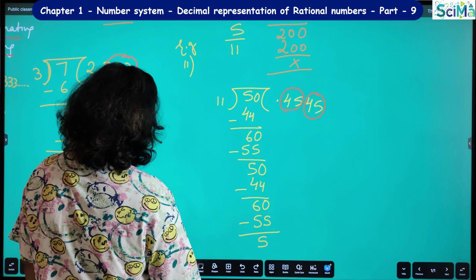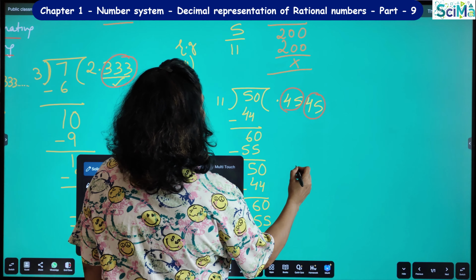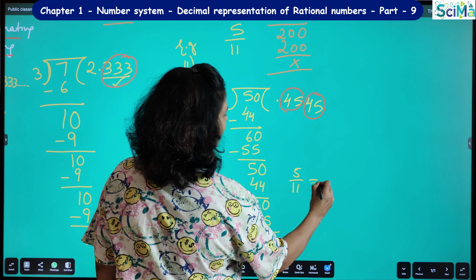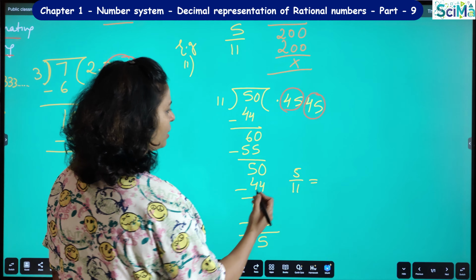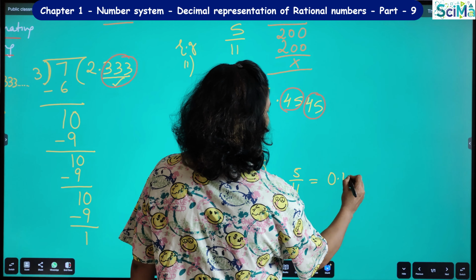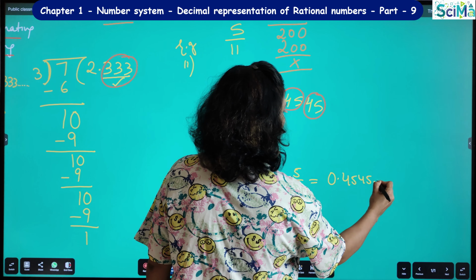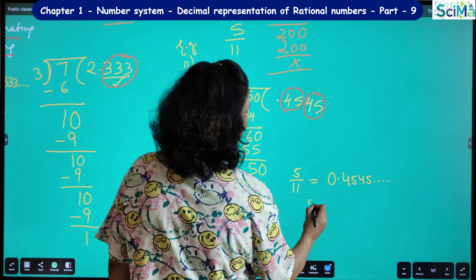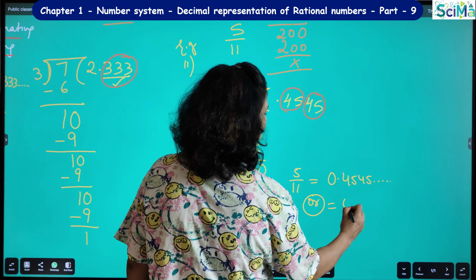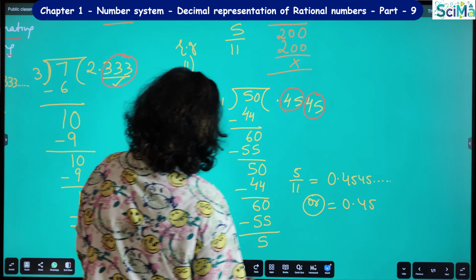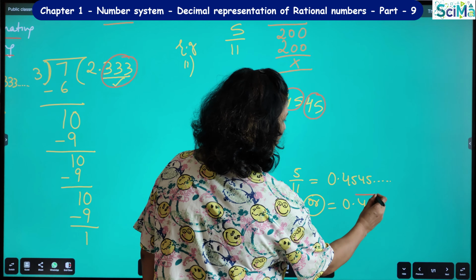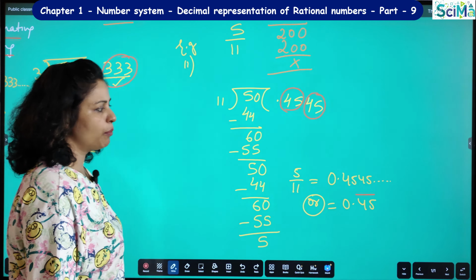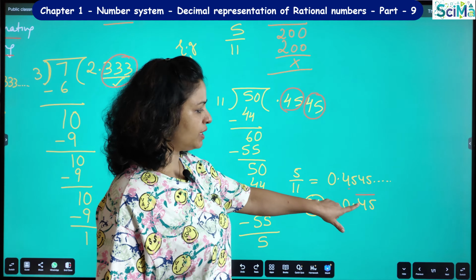So how can we write the decimal expansion of 5 by 11? The decimal representation of 5 by 11 we can write as 0.4545 dot dot dot, or you can show it as 0.45 and put a bar on 45, because 45 is the number which is repeating.